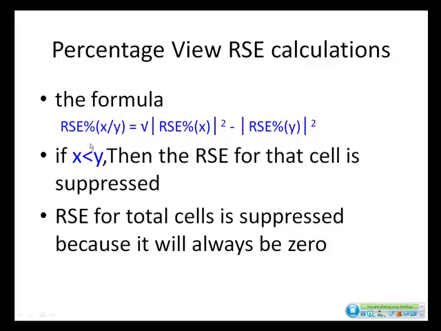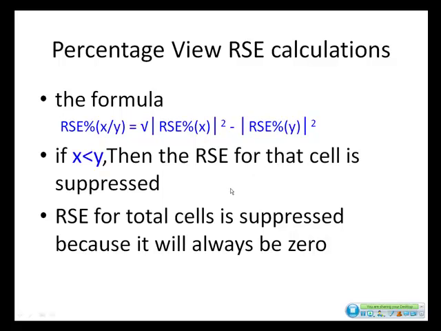If the value of X is smaller than Y, the RSE value of X is smaller than the RSE value of Y, then there will be negative values before we do the square root.